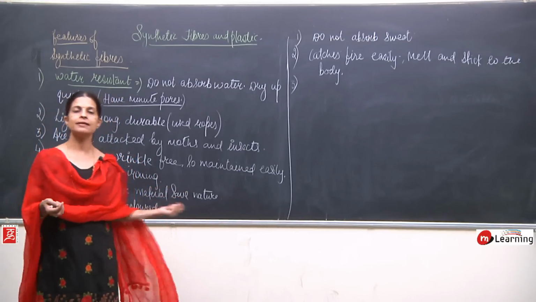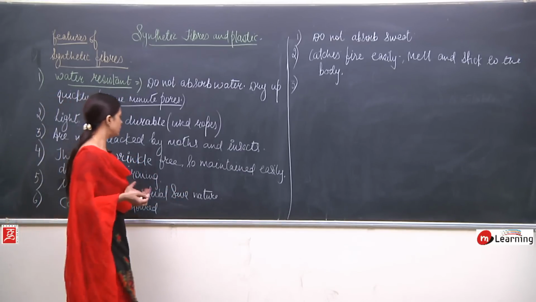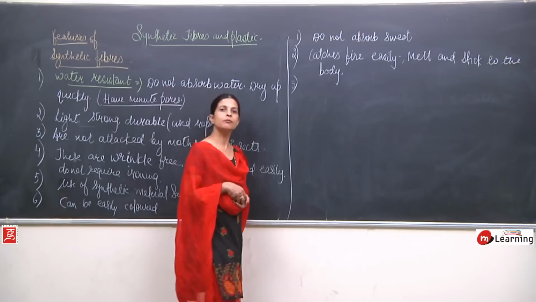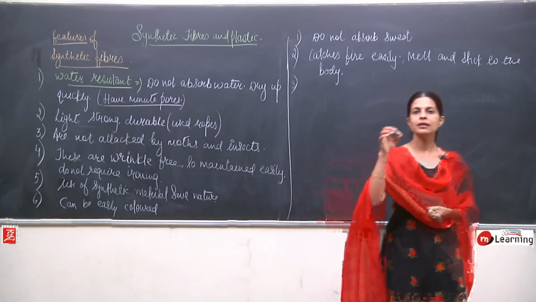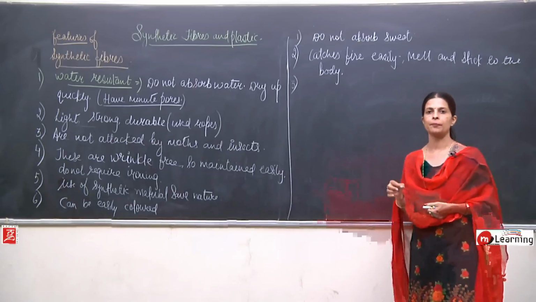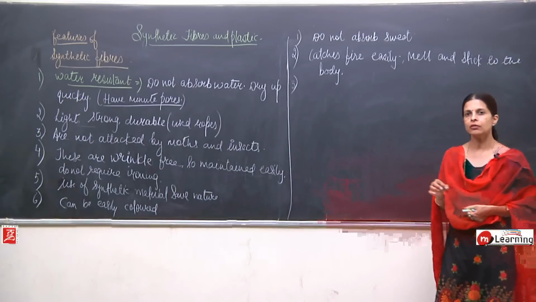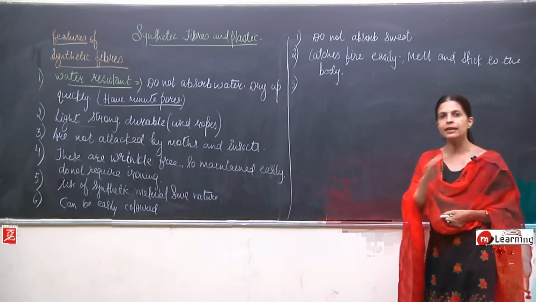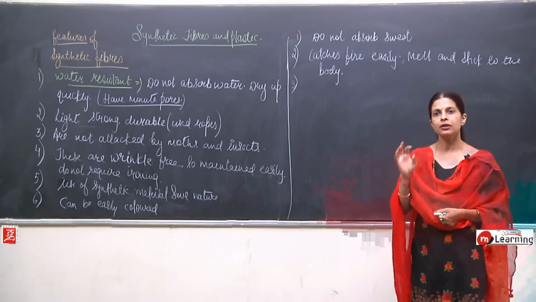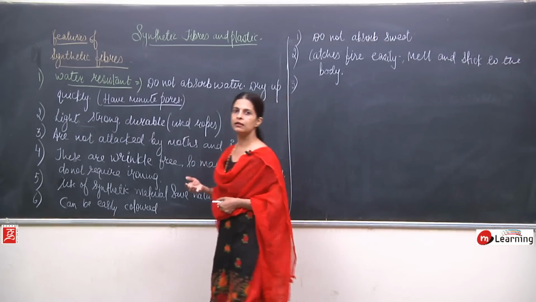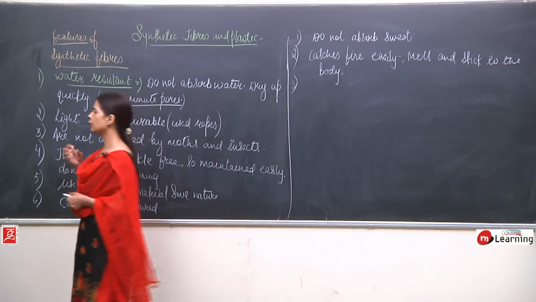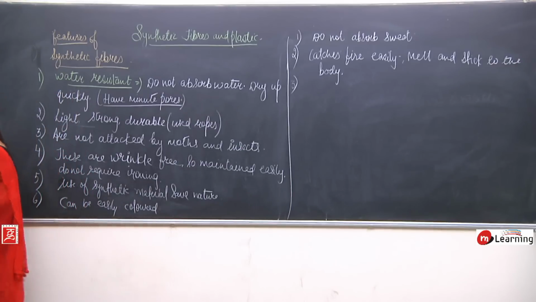Why? Because the colors are strong, it can be dyed in several beautiful colors, whereas cotton can also be dyed, but then cotton slowly loses the color. So take the example of any kind of cotton, it is the one which gradually will lose its color, but synthetic fibers do not lose their colors.